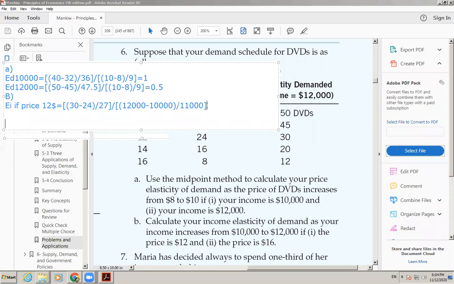Okay, that's correct. If you just calculate it, you should get 1.22.